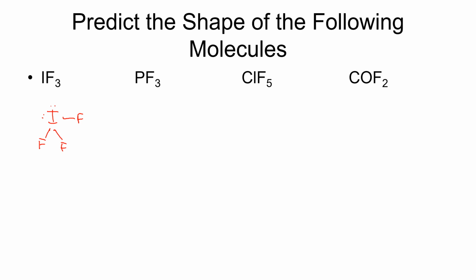You're like, what can I do with that? Well, that would most likely give you, because it has an SP3D shape with 1 lone pair, that's going to be our T shape, right? So you put the iodine down, put the 2 fluorines out to the side, 1 to the bottom, and you got your 2 lone pairs up here, and you say T shape.